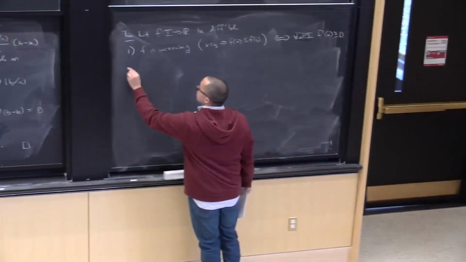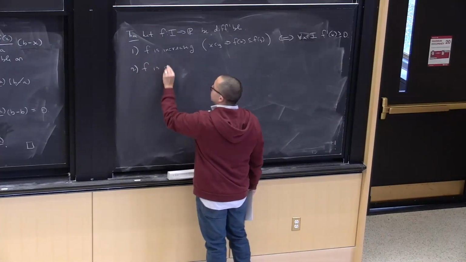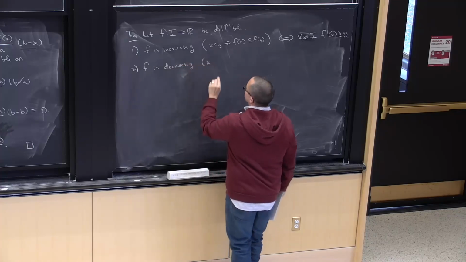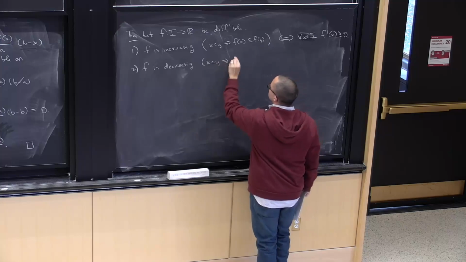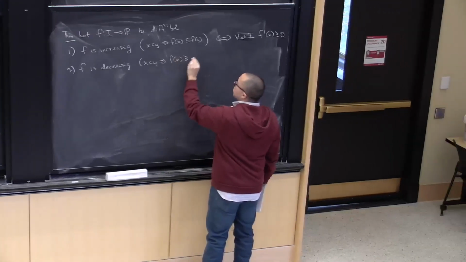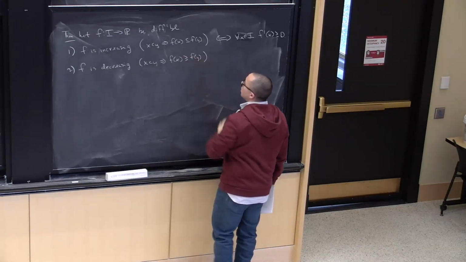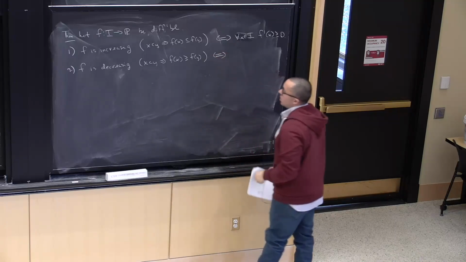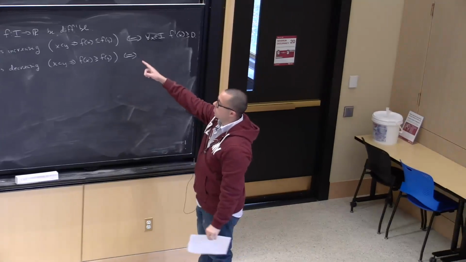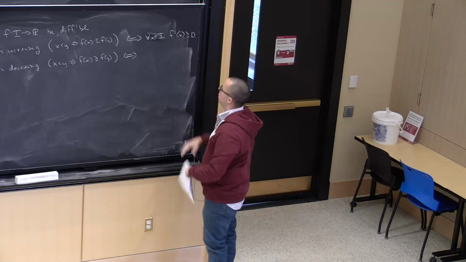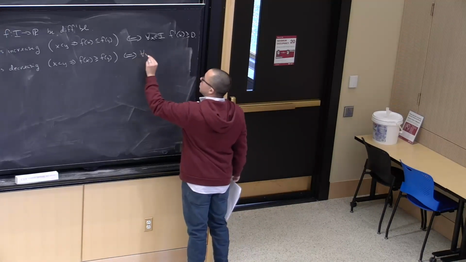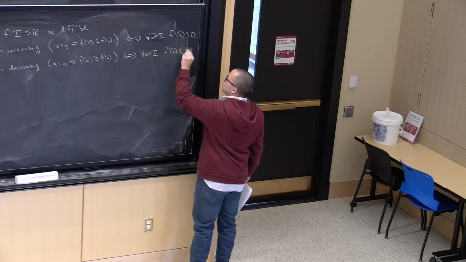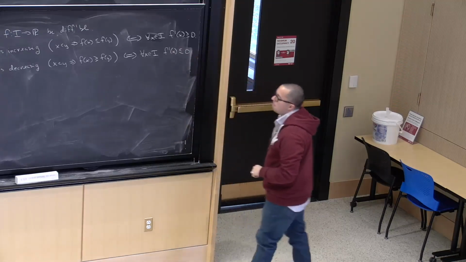So what this says, f is decreasing, meaning x less than y implies f of x is bigger than or equal to f of y. This is equivalent to, since a function is increasing if and only if minus f is decreasing, this inequality should flip. Okay?